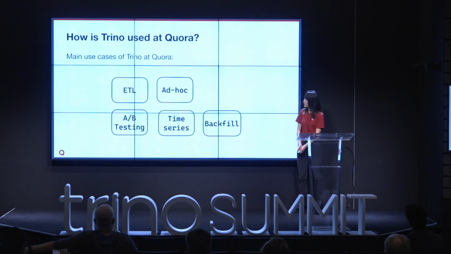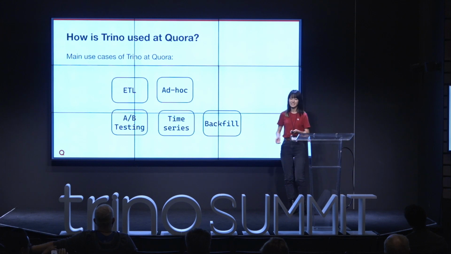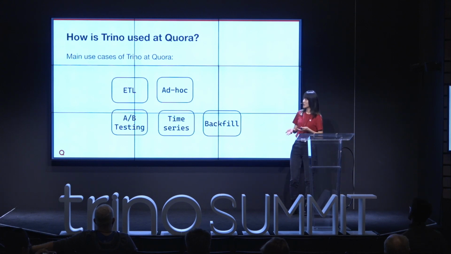The last one is backfill. This is mainly backfilling the ETL jobs. So if a data scientist or engineer adds a new ETL job, or makes some changes to an existing ETL job, they may want to backfill some days of data or a couple of years of data.